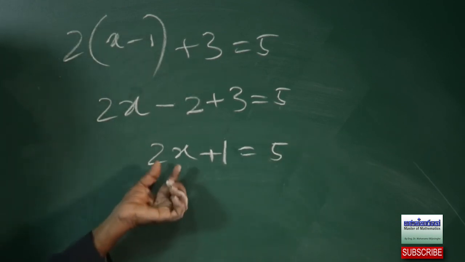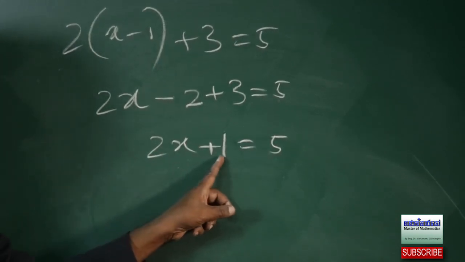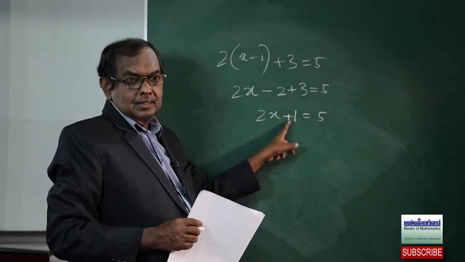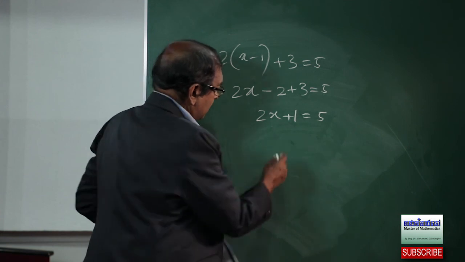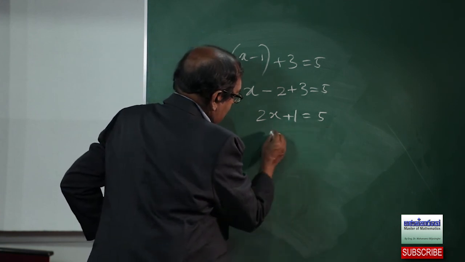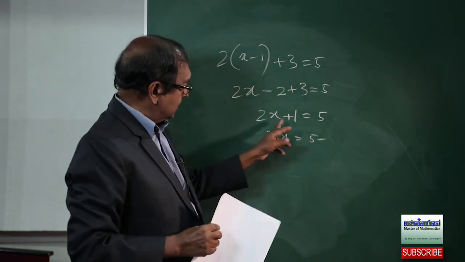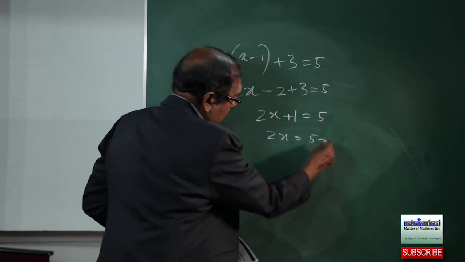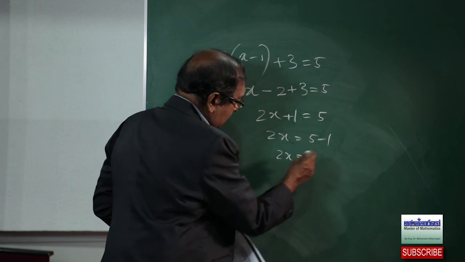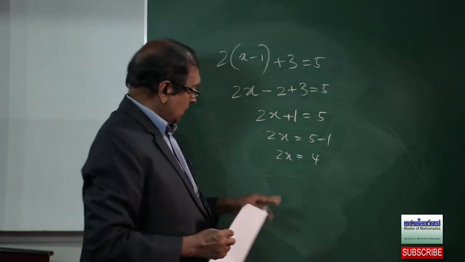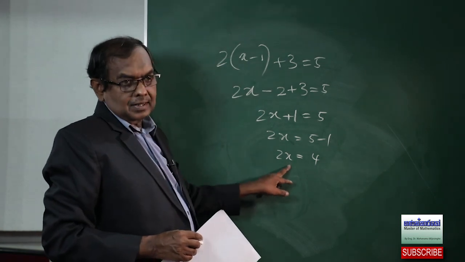To get the value of x, we have to move this 1 to the right side. Since this is addition, when we take it there, it will be 2x equals 5 minus 1, on the other side minus 1. Then 2x equals 5 minus 1 equals 4. 2 into x, this is multiplication.